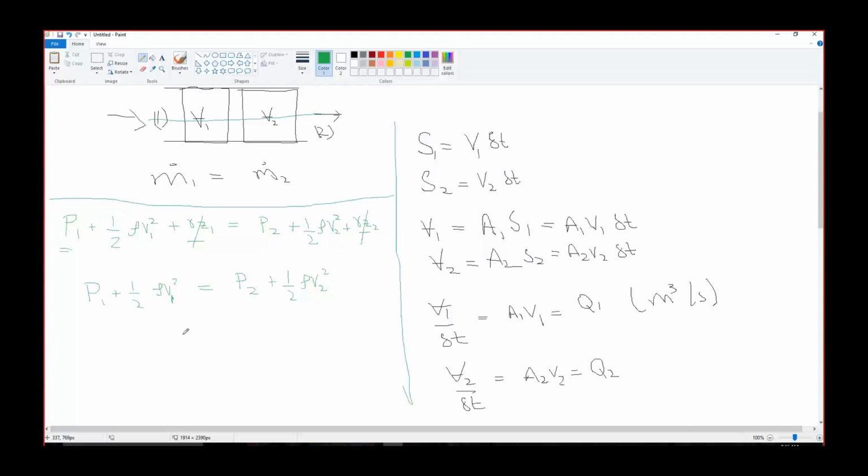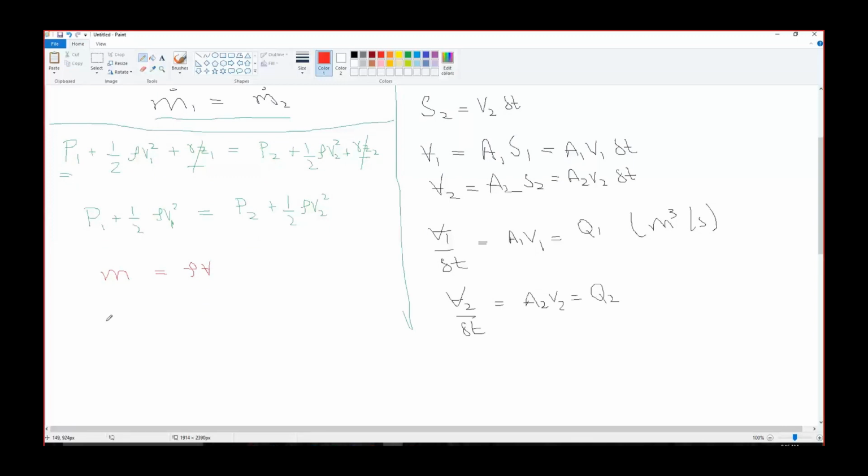Volume flow rate. We know that mass flow rate is fixed for these flows. M dot 1 should be equal to M dot 2, and mass is basically rho V, density into volume, right?